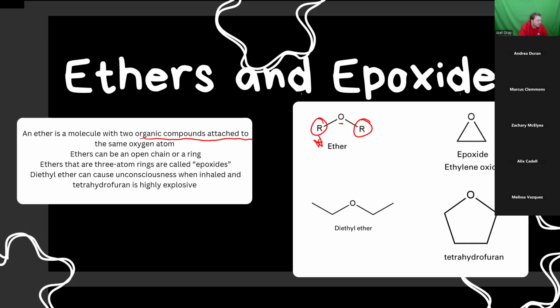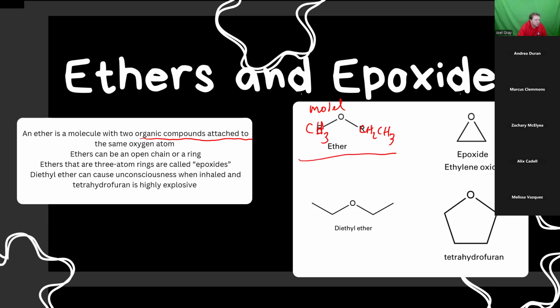This is our model. Anytime you see this R, think about that as a hydrocarbon chain. So it could be H3C, it could be CH2CH3. That's basically what we have there.